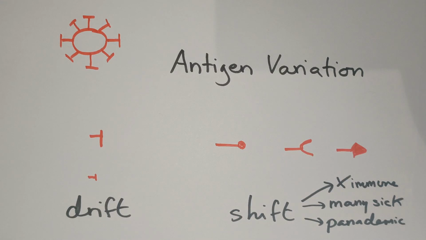But if the antigens have changed, that immunity is lost. If it's a drift, it will be a little bit of immunity lost for a proportion of the population. If it is an antigenic shift, nearly every individual or every individual in the population will have lost their immunity. Everybody will be susceptible to this, and that will cause spread on a large scale.